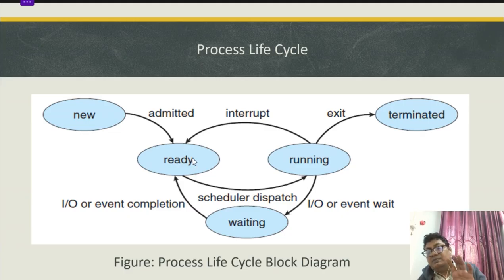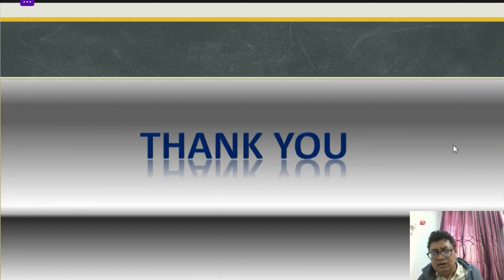That is the entire process life cycle. I hope you understand properly. And for process management, this is my lecture. I don't know how much you enjoyed, but I hope I explained properly. Thank you.